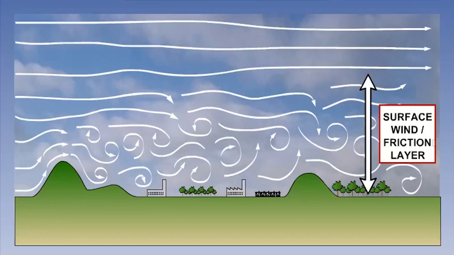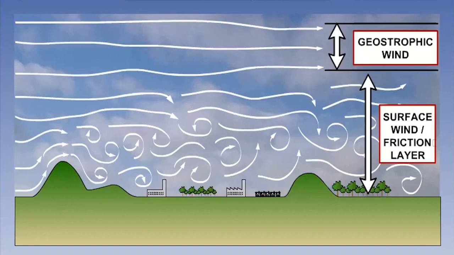This layer is called the friction layer. The reduction in speed within this layer is due to surface friction, and not to any reduction in the pressure gradient force. But a reduced wind speed causes a reduced Coriolis force. The two forces of the geostrophic wind are not in balance anymore.